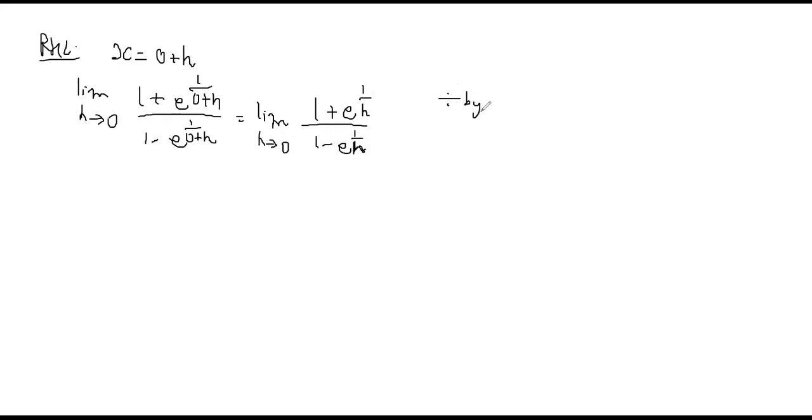Now divide by e raised to power 1 by h in the numerator and denominator. You can see that here it will be limit h tends to 0, (1 by e raised to power 1 by h plus 1) by (1 by e raised to power 1 by h minus 1).